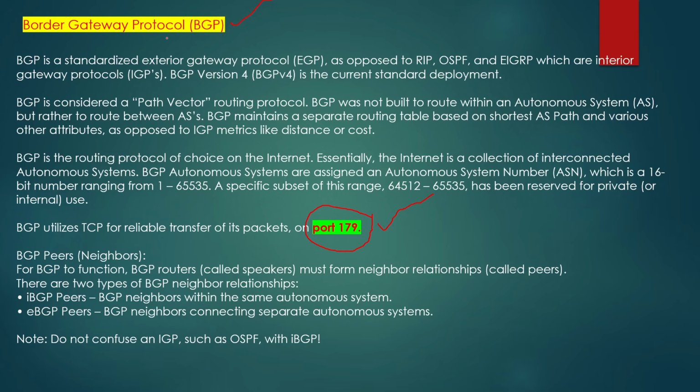Why is BGP using TCP? Because TCP is a very reliable protocol. Until it delivers the data, it will keep on transmitting it. That's the advantage of TCP. For whatever services use TCP, can anyone tell me how TCP works first?